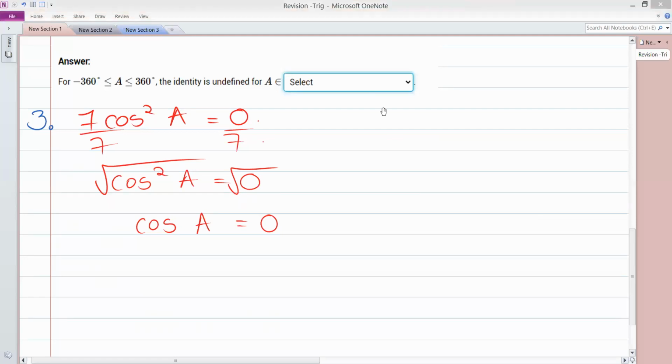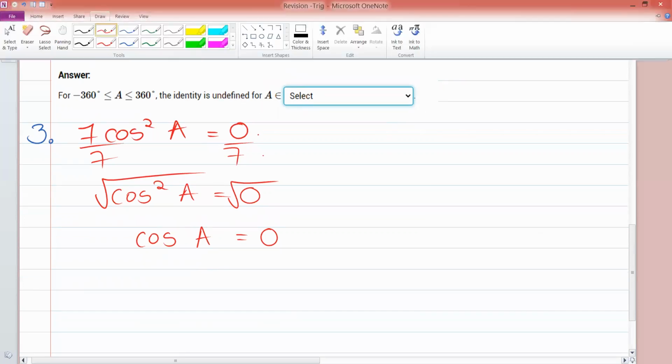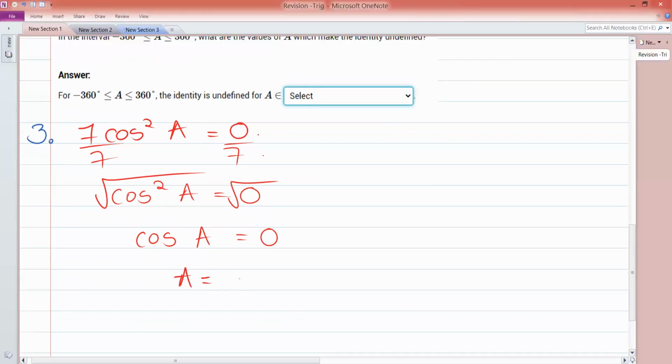Solving for A, you're going to say inverse cos both sides. A equals, whenever you take the inverse of cos on both sides, you're going to get two general solutions.